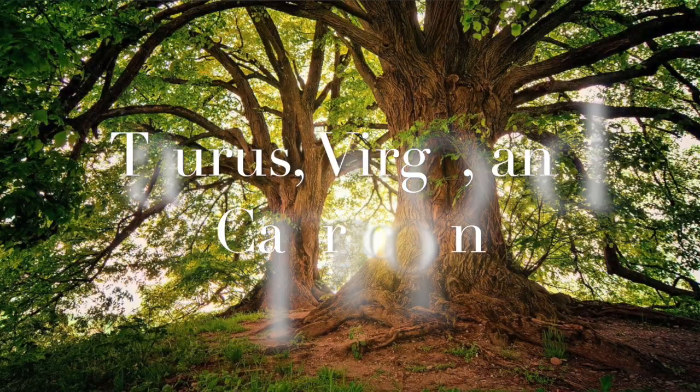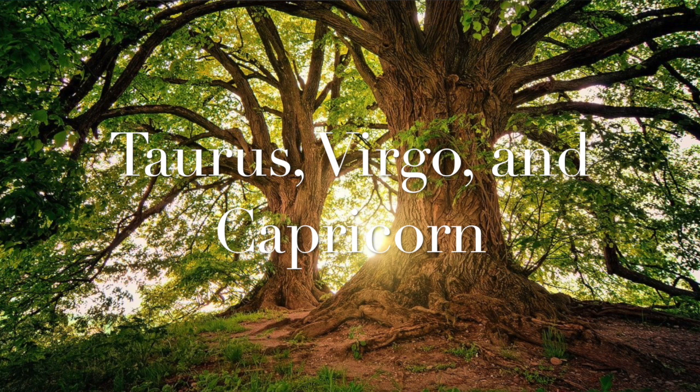So we have our 4 main elements. Most watching this probably know, especially if you're coming from the tarot community and you want to learn about astrology: earth, water, fire, and air. The signs of the zodiac will all correlate to one of those. The earth signs are Taurus, Virgo, and Capricorn.